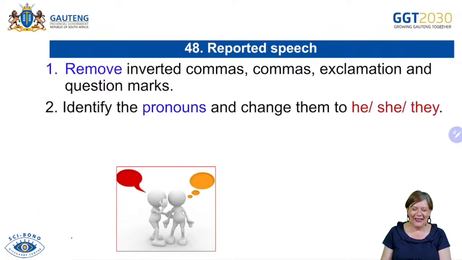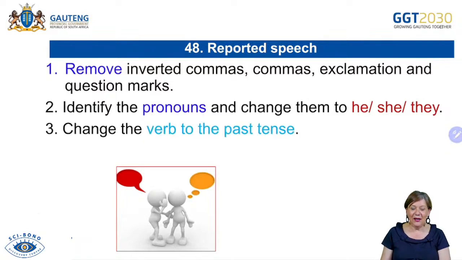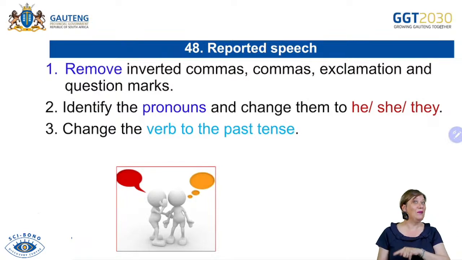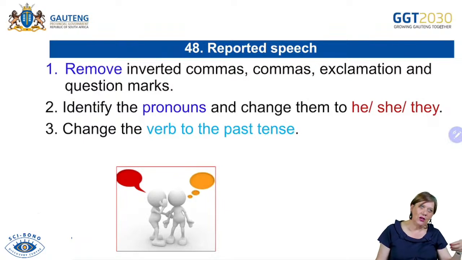Right, second thing, identify your pronouns because we need to change them. We're going to change them to he or she or they. And then next one, now we have to go one step into the past. Because remember, it's already been done. I am now telling somebody else what that person said. So my verb has to go one step into the past.